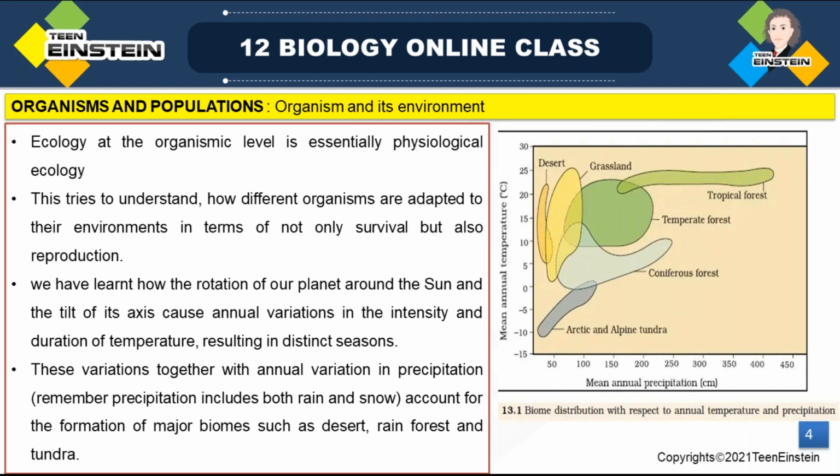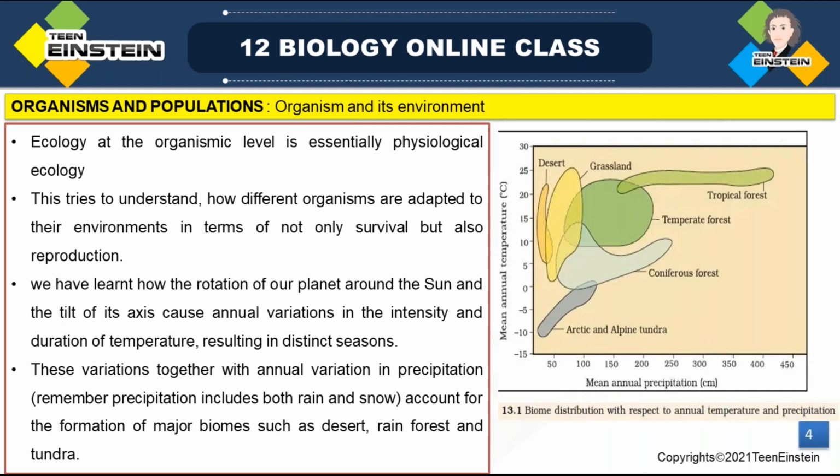So that makes us call them rainforest, desert. These differences are made based on the temperature duration and intensity variation and the annual rainfall and snowfall variations.